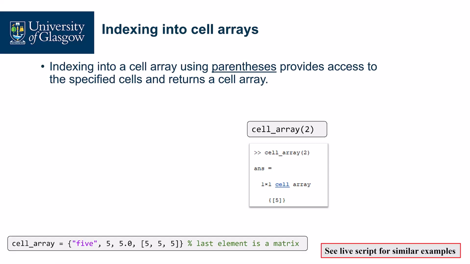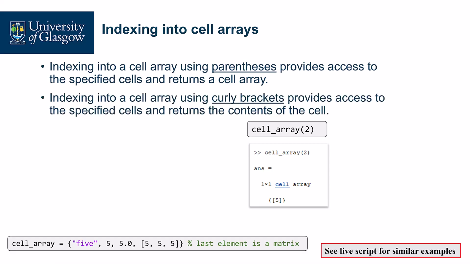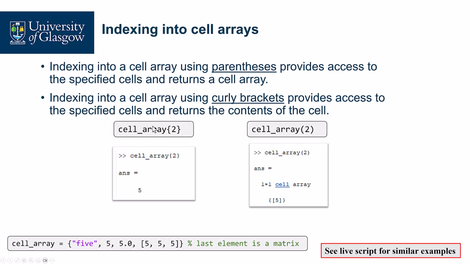Another way is to use curly braces to access elements in it. I still want to index the second element 5. I can write cell array curly braces 2. This means we want to get the content of the second cell.